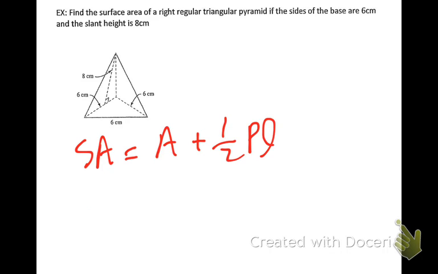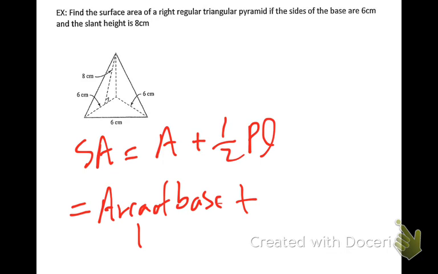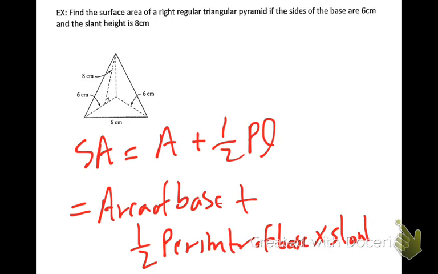So that's going to equal the area of the base plus 1/2 the perimeter of the base times the slant height. Any questions? That's our next formula. We've got surface area.